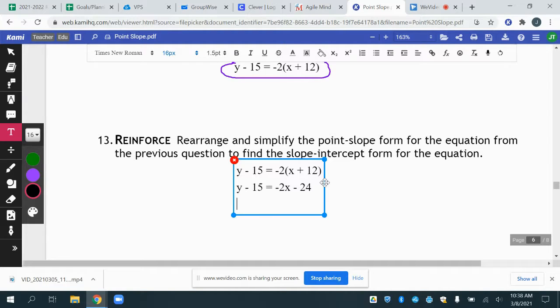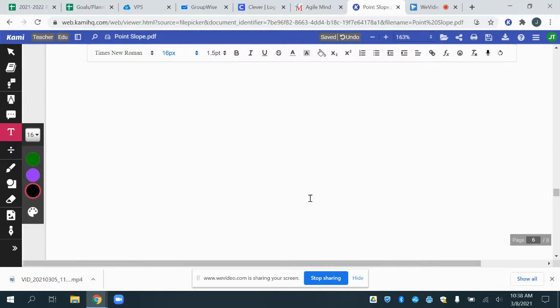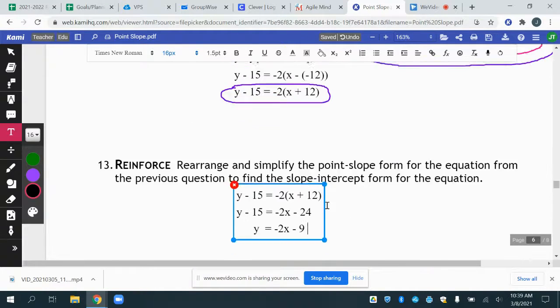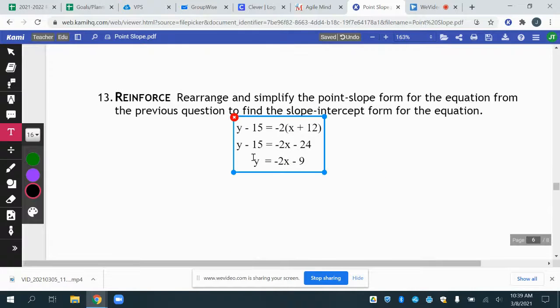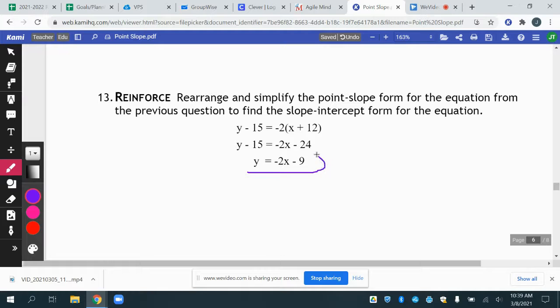Now I'm going to add 15. Negative 24 plus 15 gives me negative 9. Yep. All right, and that's it. Oh, I should circle it. It's good to circle things. Notice that's y equals mx plus b, that's in the other form now.